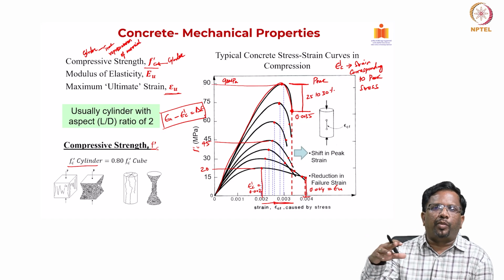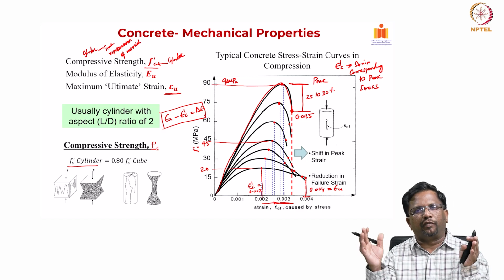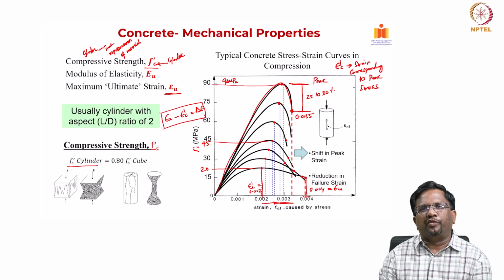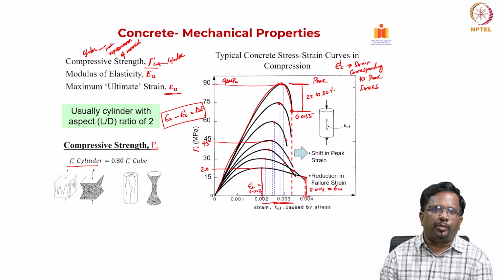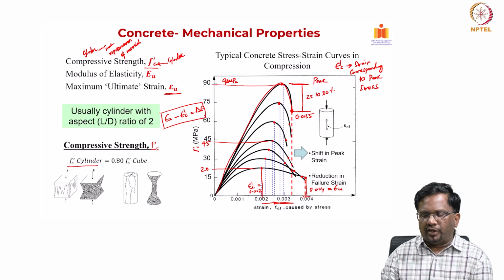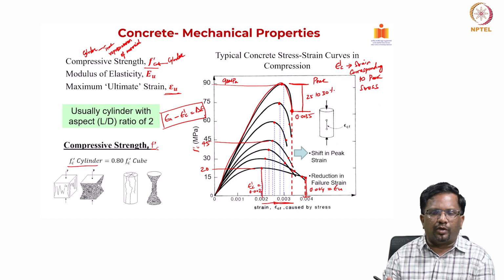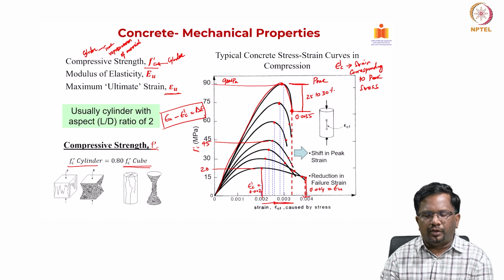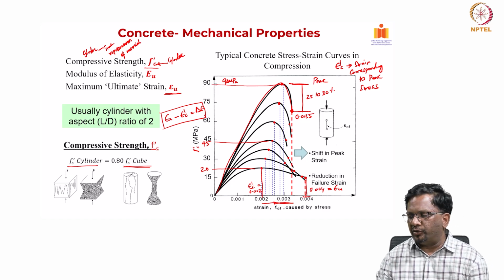But there are some plate and restraint effects, so there is a confinement effect that comes. The cubes tend to be 25% higher in strength compared to cylinders. That is the reason we say if I have a cube strength, I have to multiply by 0.8 to get the cylinder strength, right. And there are different failure modes and so on.